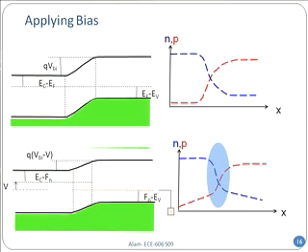One argument we had been making is that if you have the device in equilibrium, the Fermi level is flat, there is a built-in potential of q V_bi, and the carrier concentration has a certain profile as shown on the right-hand side. The blue remains a majority carrier on the left, becomes a minority carrier on the right, and falls off in between.